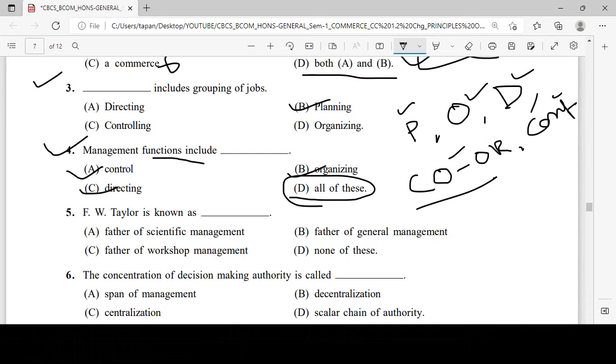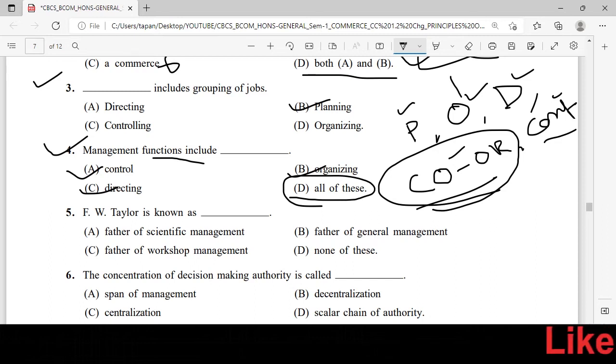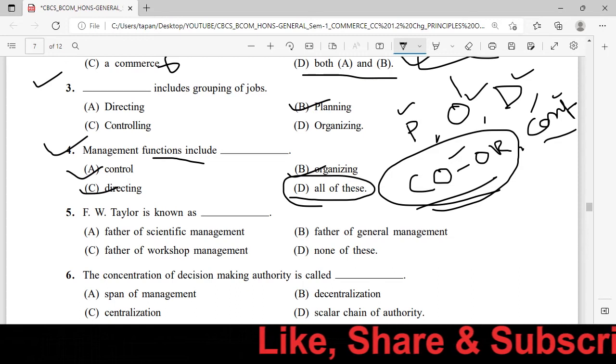Therefore there are 5 functions, and somebody says that you may drop coordinating. Therefore someone tells that planning, organizing, directing, and controlling, but I think the 5 items are very important.